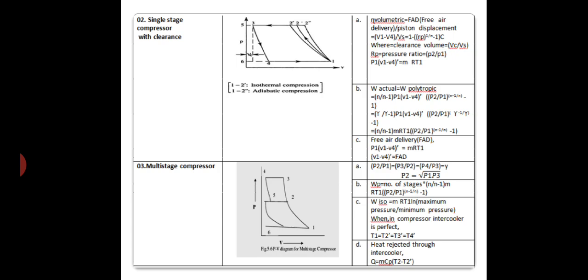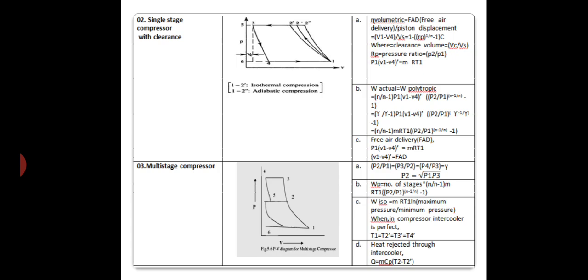These are the compression ratios we are finding in case of multi-staging of the compressor. And we got the work, number of stages n upon n minus 1 mRT1 [(P2 upon P1) raised to (n minus 1) upon n, minus 1]. So this is the work output we got for each stage.